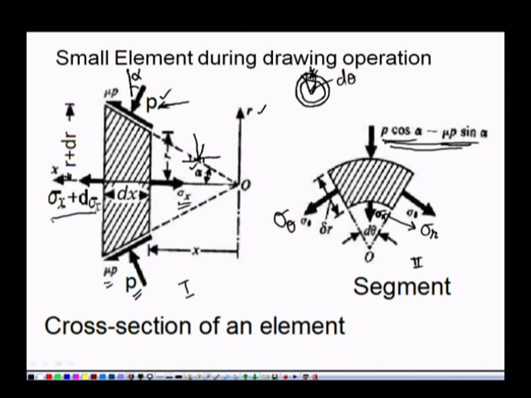At the edge here we have a sigma theta. And along the radius, the small strip is del r. So, we are going to analyze the forces on this segment.